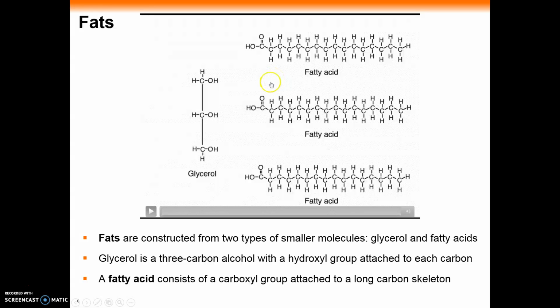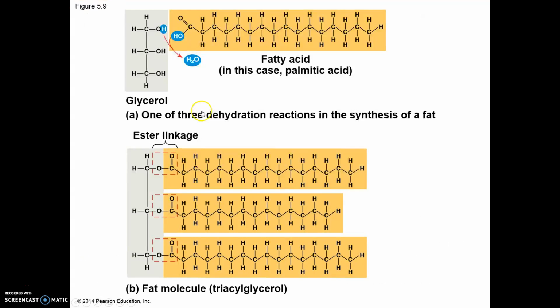How we form storage fats is we take three of these fatty acids and link them to a glycerol. We do this through a dehydration reaction. So we have a hydroxyl reacting with another hydroxyl. And in this case, we form what's called an ester linkage.